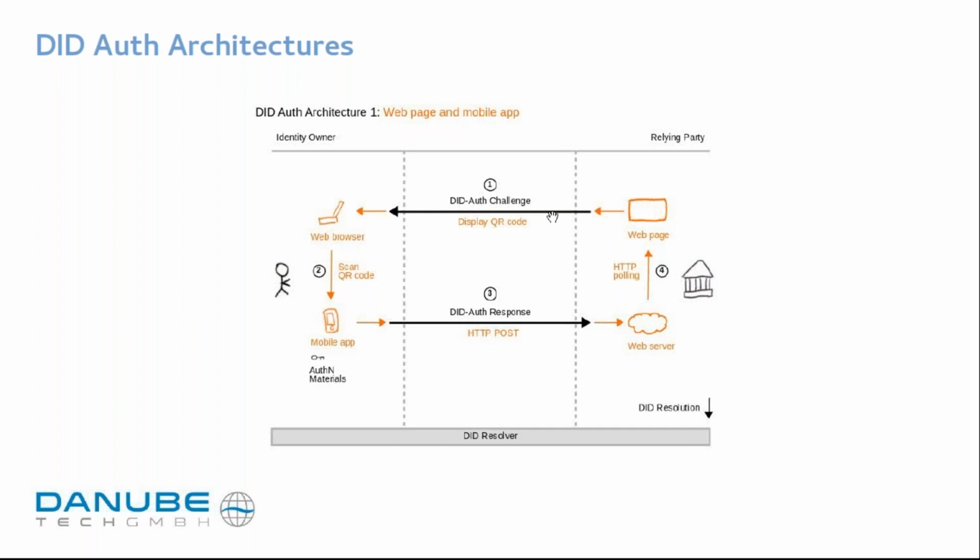So imagine you're sitting at your laptop, you're browsing somewhere, and on a web page you see a QR code, and the web page tells you to scan that QR code with a mobile app, and that mobile app is where you control your DID.